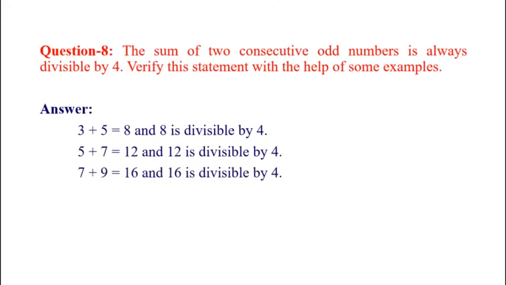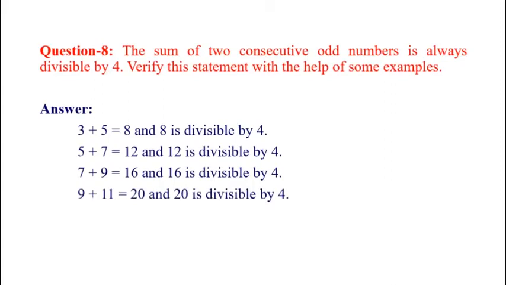Then another example, 7 and 9, they are two consecutive odd numbers. So, 7 plus 9 is equal to 16 and 16 is divisible by 4. Then 9 and 11, they are two consecutive odd numbers.